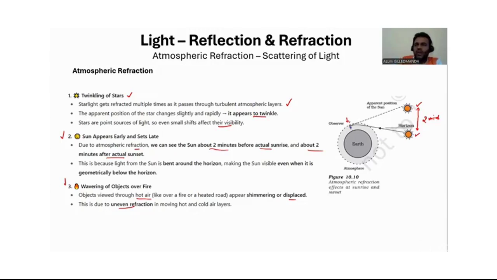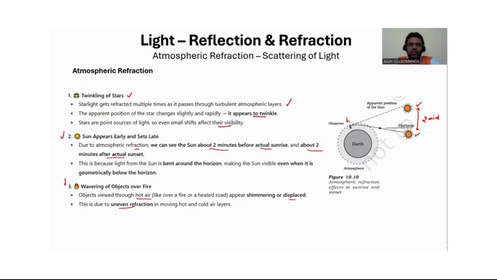So the refraction happens multiple times, and that is uneven refraction, because hot air, less hot air, less hot air, cold air. So that's why this uneven refraction will make you see that person or an object as wavery. So that is the phenomenon of atmospheric refraction.